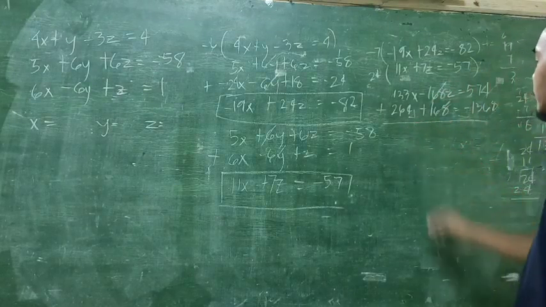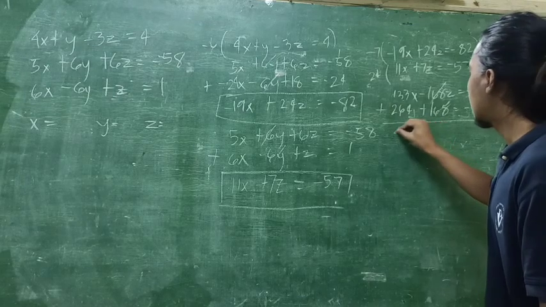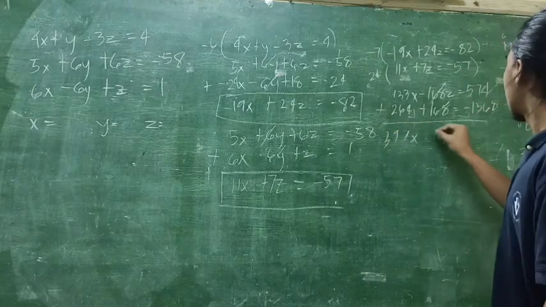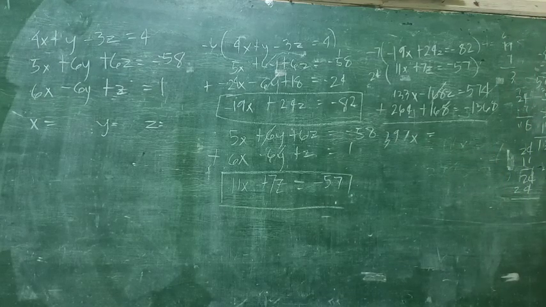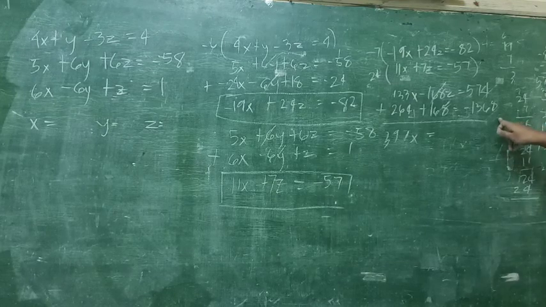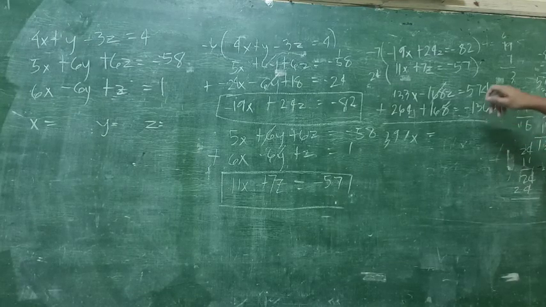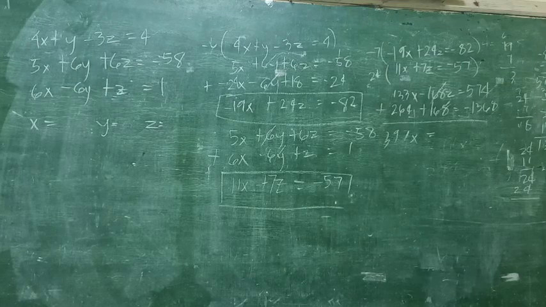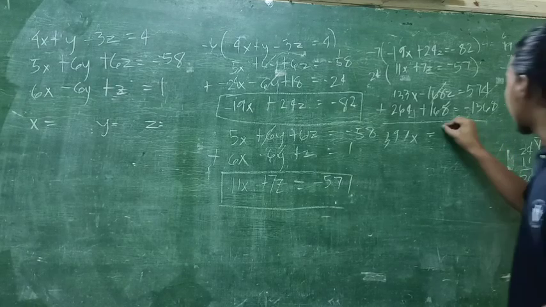So what we have left is 397x equals, we're going to add 574 to 1368, so that is 1942, or rather 794 after combining the signs correctly.